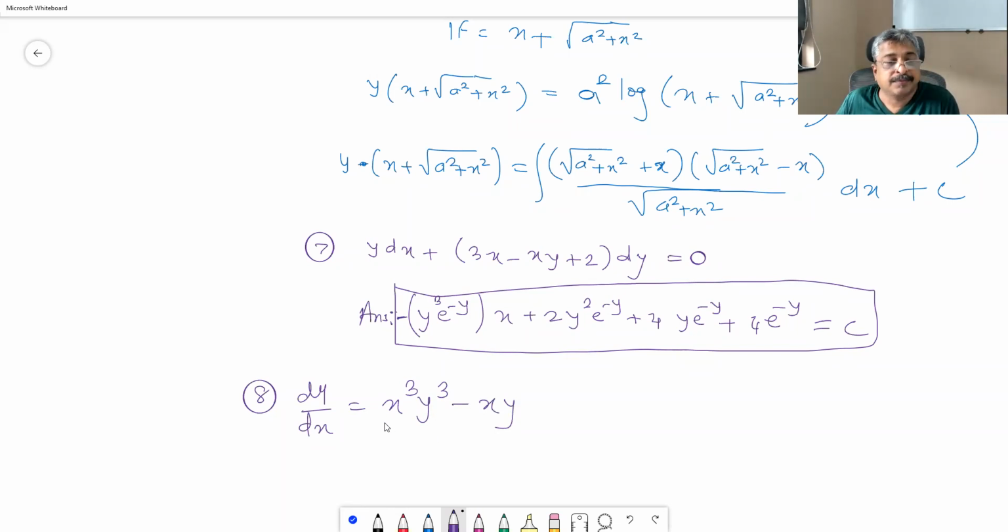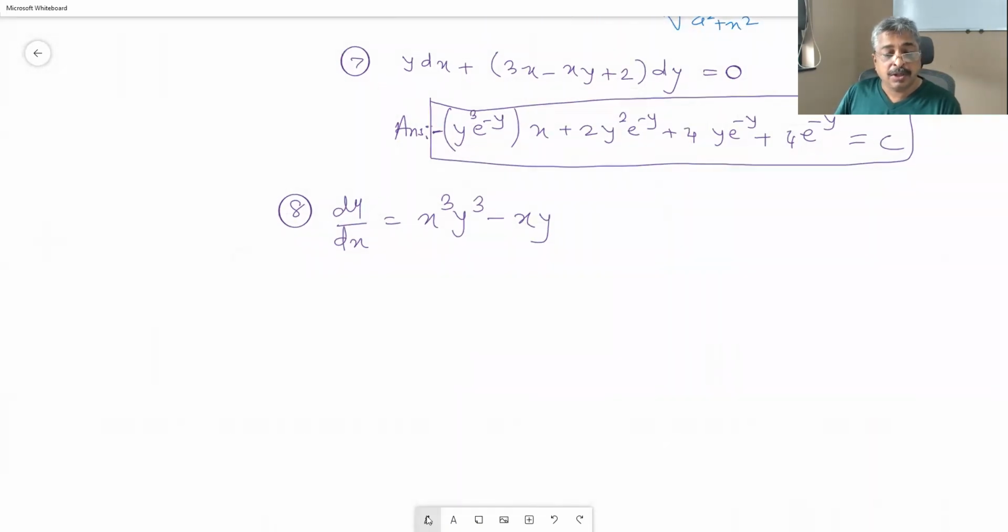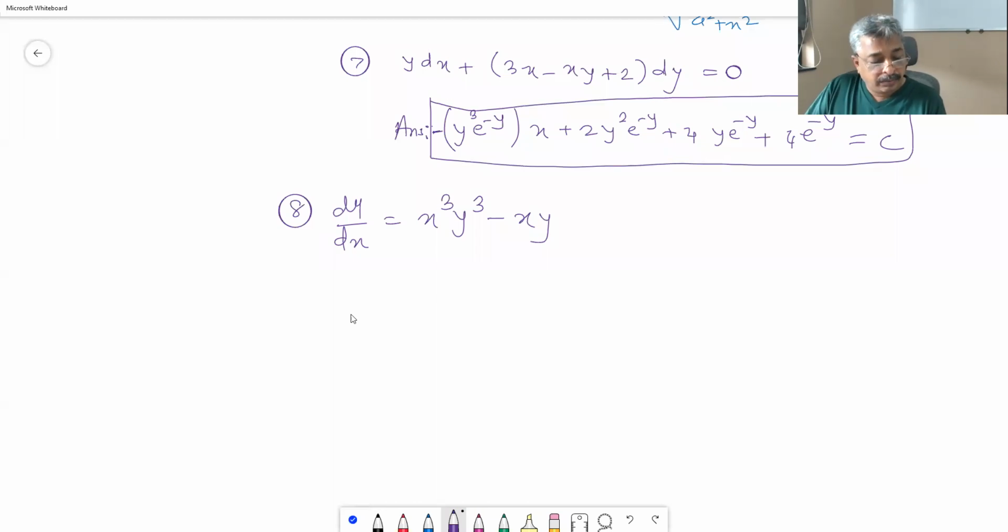Find out. Let me give you the method now. This is not directly FOID, but it is something which can be converted into FOID.